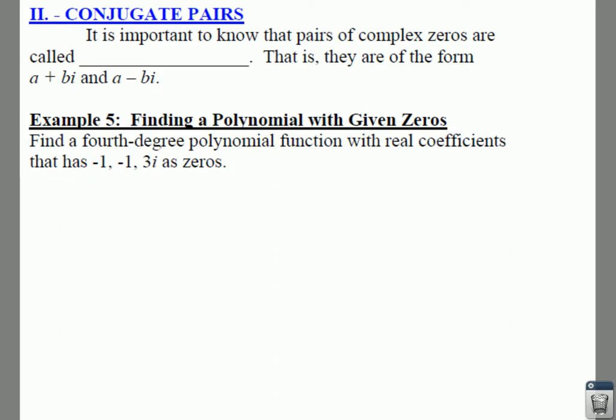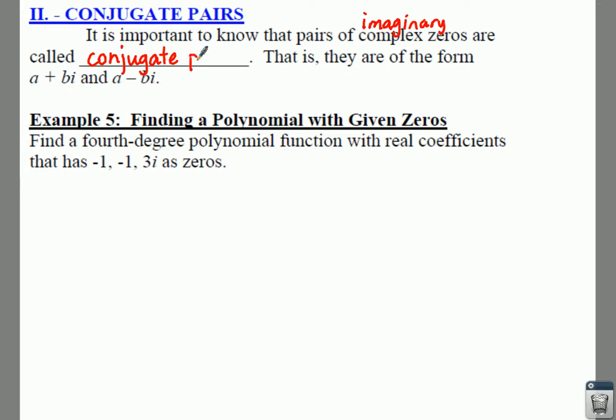Conjugate pairs. That means there's two things if you got a pair. So anytime you have pairs of complex zeros, remember those are the same thing as saying you have imaginary zeros. So that means if you have some i's involved, those are called conjugate pairs.